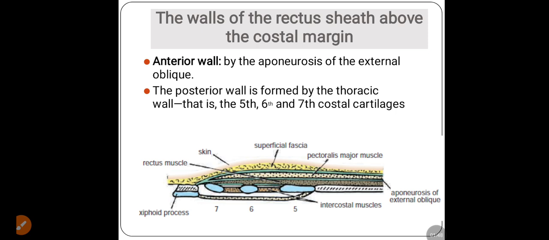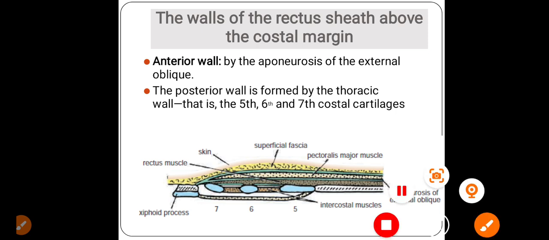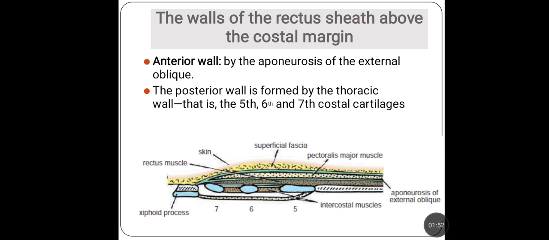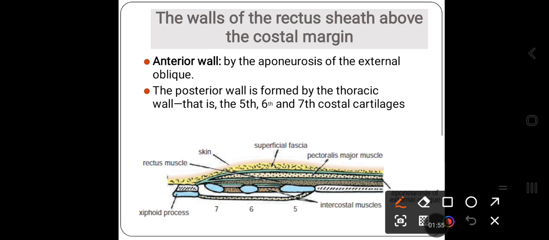Above the costal margin, as you see in this picture, it has only an anterior wall, which is formed by the aponeurosis of the external oblique muscle.